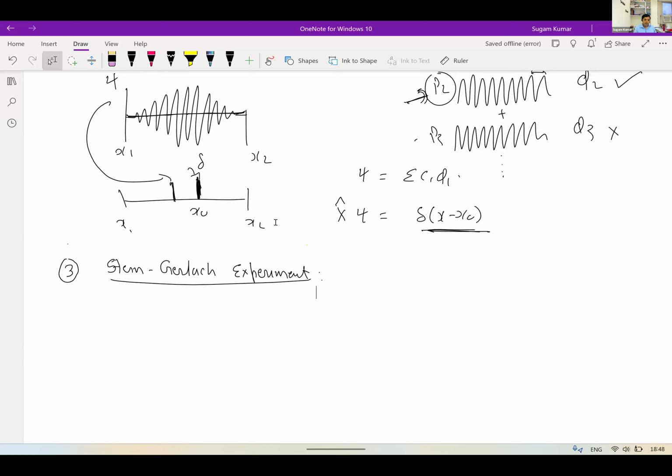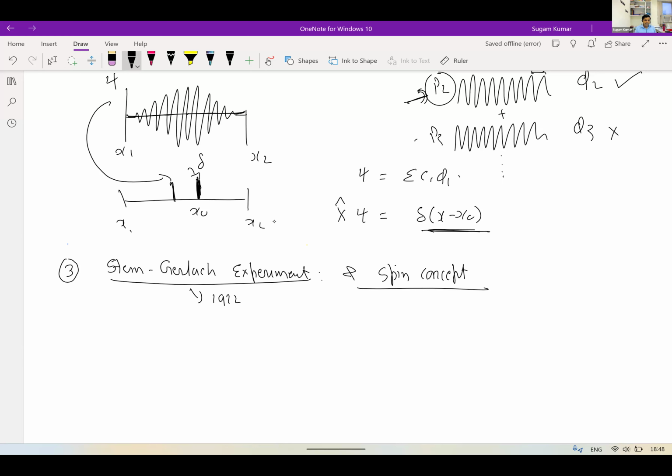Okay, so for the Stern-Gerlach, I again recommend you read about the Stern-Gerlach experiment and the spin concept. It is another very important and fantastic topic to dig into. The Stern-Gerlach experiment was performed for the first time in 1922, and the major objective was to prove that angular momentum is quantized.